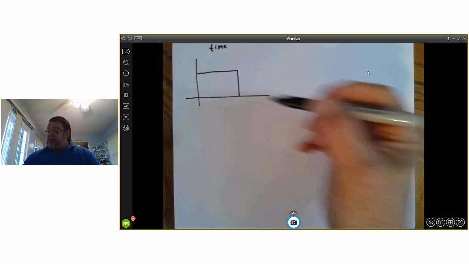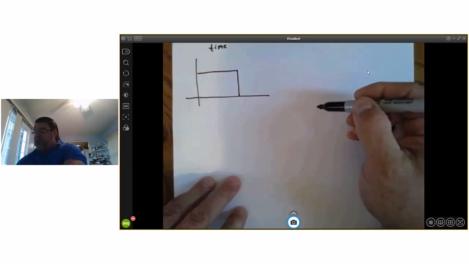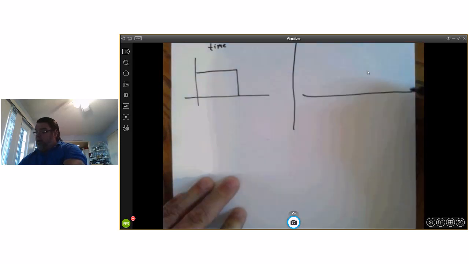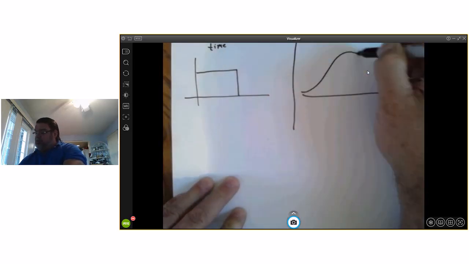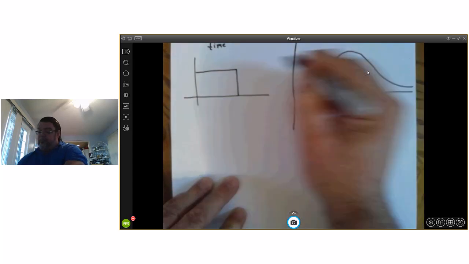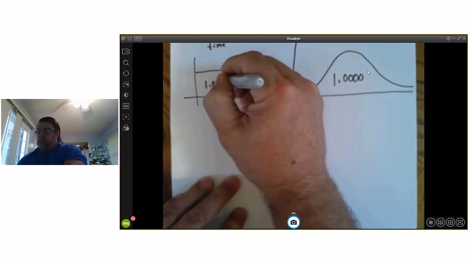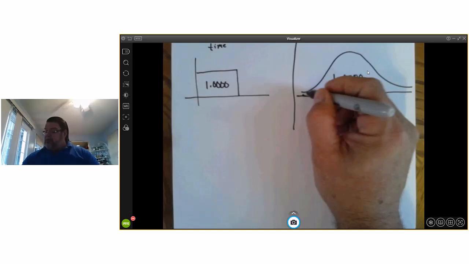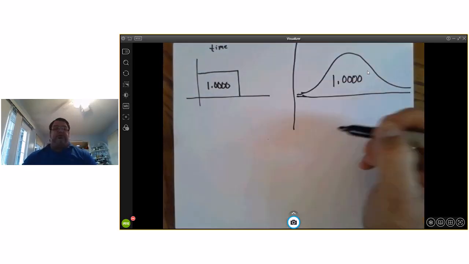Now, in this section in chapter 7, remember I told you Tuesday that all areas are equal to 1.0000. Okay, 4 digits. Remember I told you 4 digits is area, 2 digits is z-score.